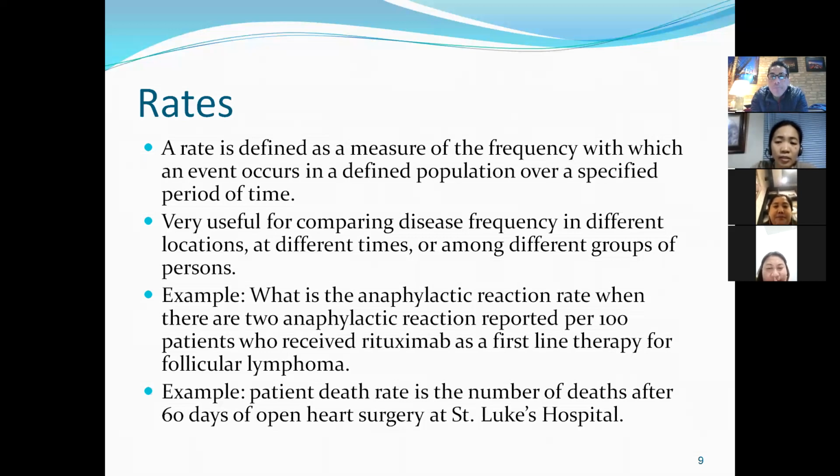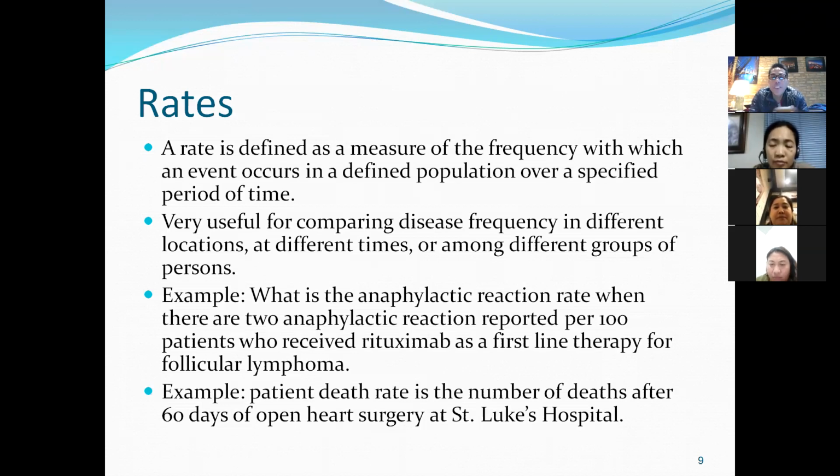And what is that number? What is that frequency? So if St. Luke's has 60 deaths after 60 days of open heart surgery, that can be benchmarked with, if PGH, Philippine General Hospital, only has reported 48 patient deaths 60 days after their open heart surgery, then one could really start investigating as an epidemiologist what is the reason why St. Luke's is having a higher patient death rate compared to Philippine General Hospital.